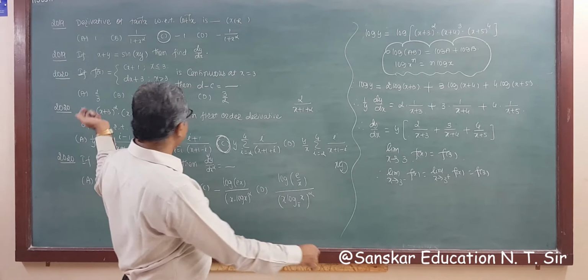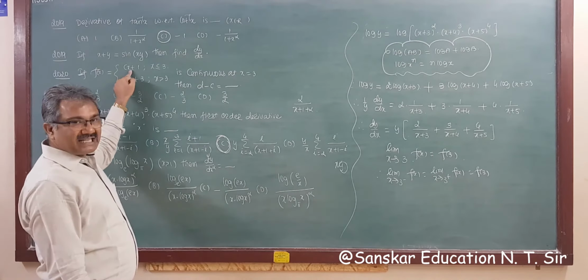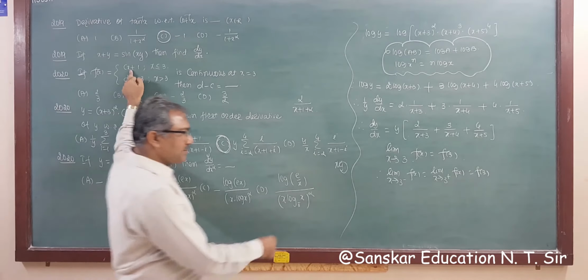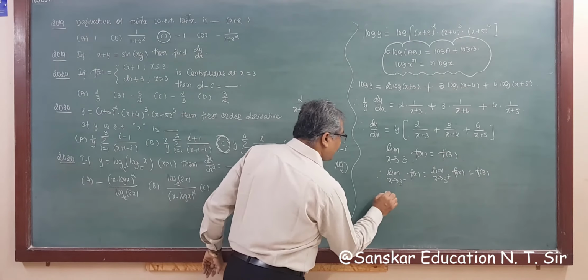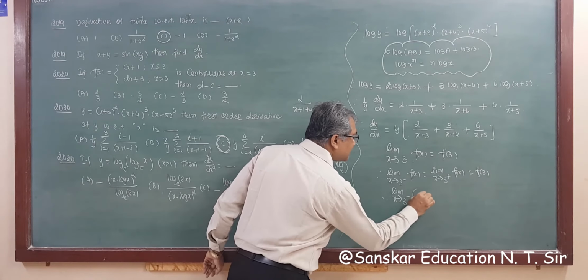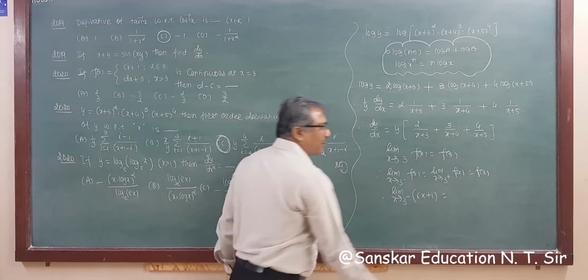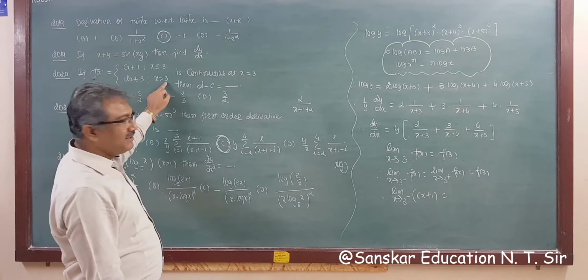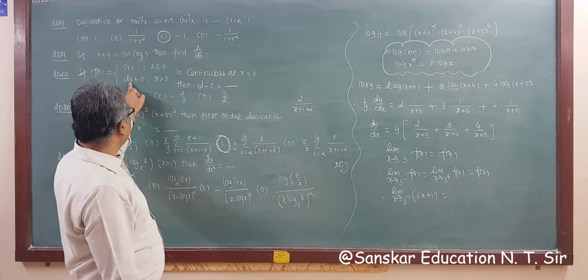So now the limit as x tends to 3 from the left is cx plus 1, right? So substituting this, limit from the left, cx plus 1, is equal to the limit from the right, that is x greater than 3, so dx plus 3.